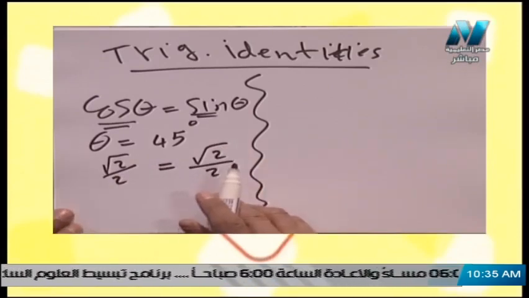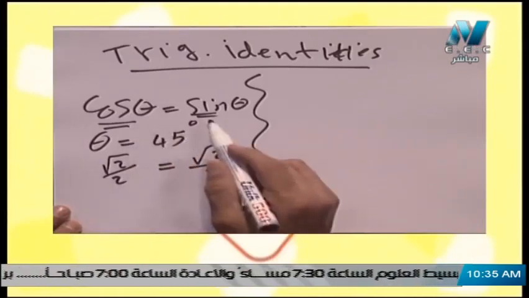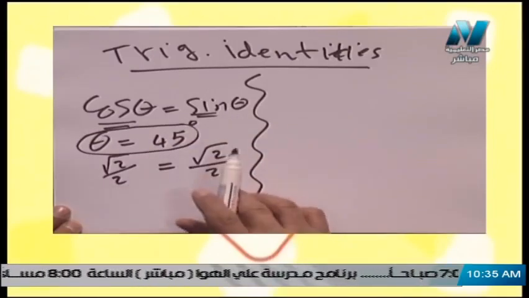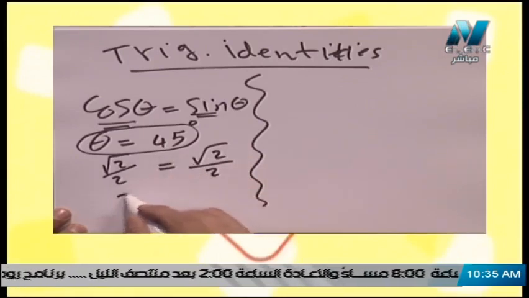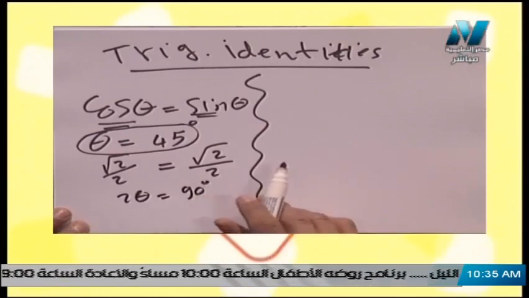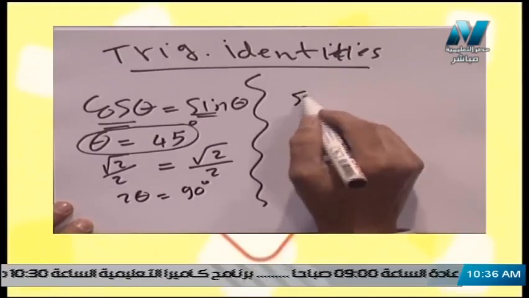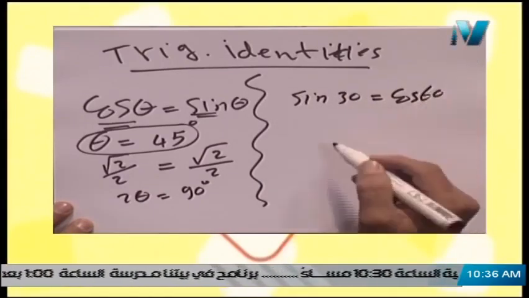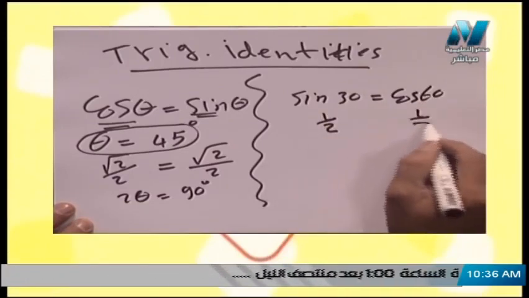So it's an equation, because cosine theta equals sine theta only when theta equals 45, or when 2 theta equals 90 degrees. And also we can say that sine 30 equals cosine 60. Yes, sine 30 equals half and cosine 60 equals half.